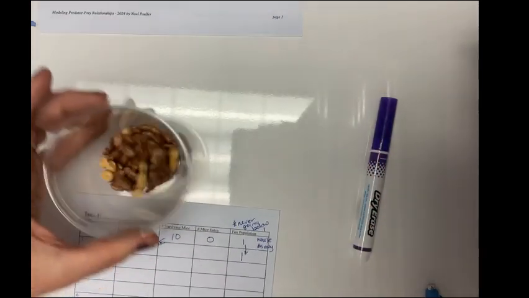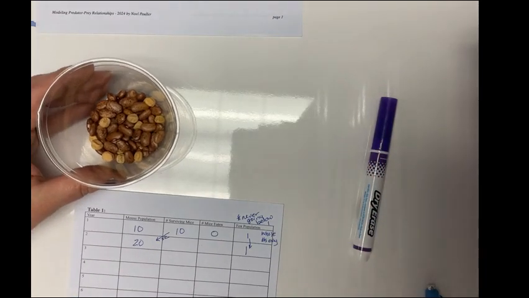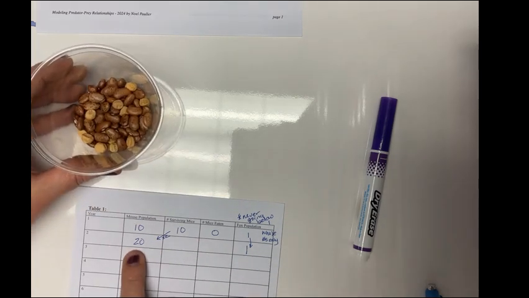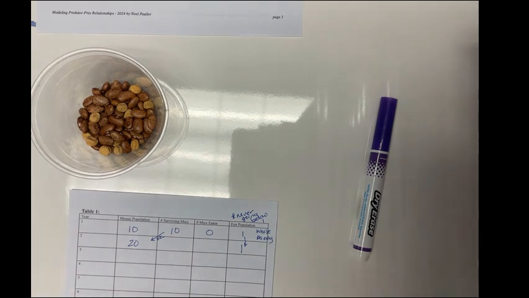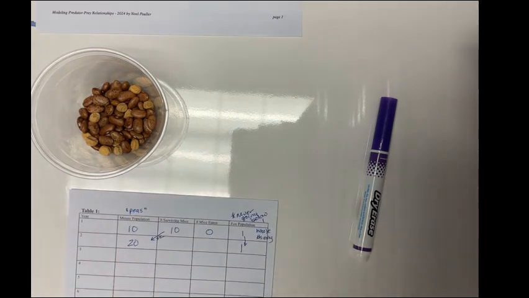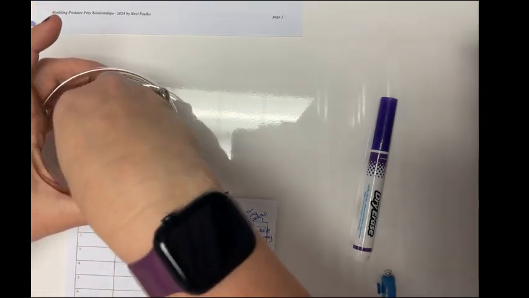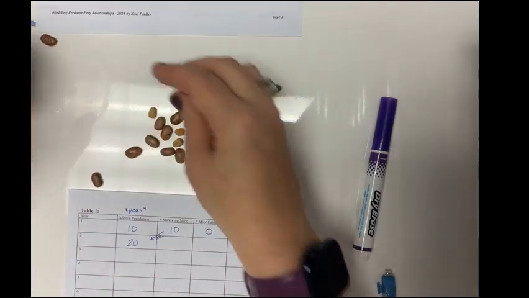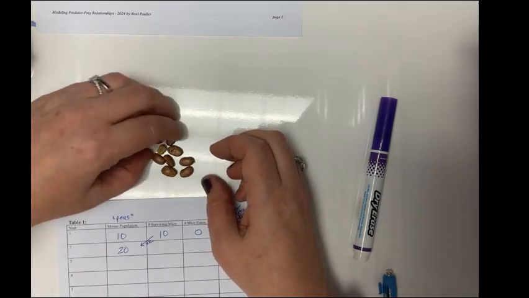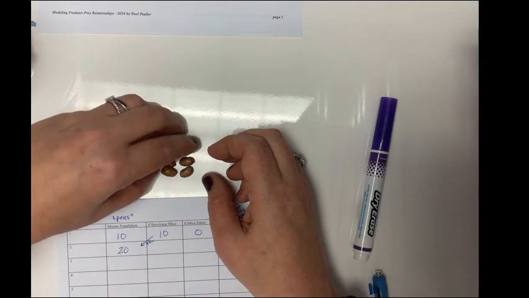All right, so this round, I have still my 100 beans, and now I have 20 mice, okay? So those are my peas. I'm gonna write peas up here. Okay, so now I still have 1 fox, so I'm gonna pull out 15 things, okay? 1, 2, 3, 4, 5, 10, 15.